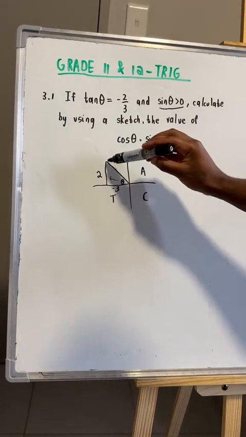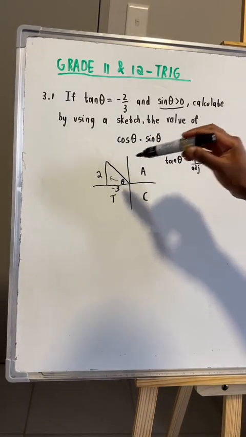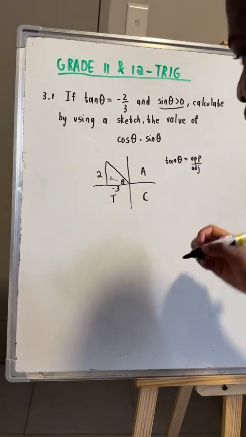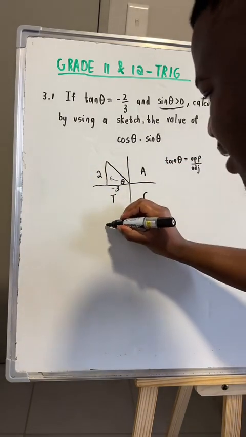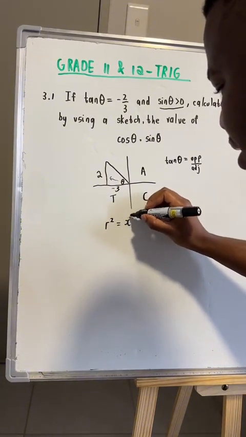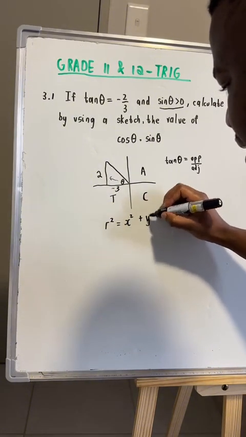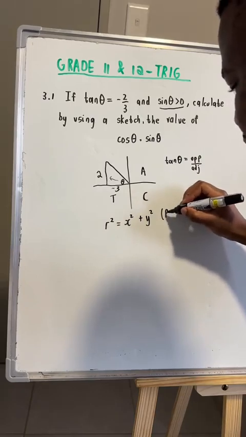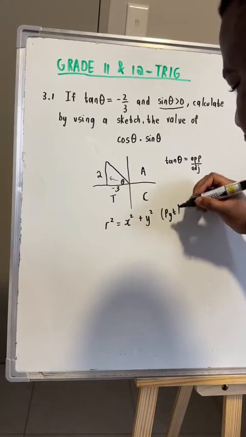Next, we'll simply need to find the hypotenuse. To find the value of the hypotenuse, we'll use Pythagoras' theorem. We know that r squared is equal to x squared plus y squared, and the reason for this is just Pythagoras.